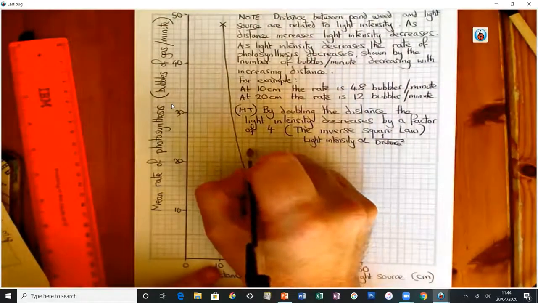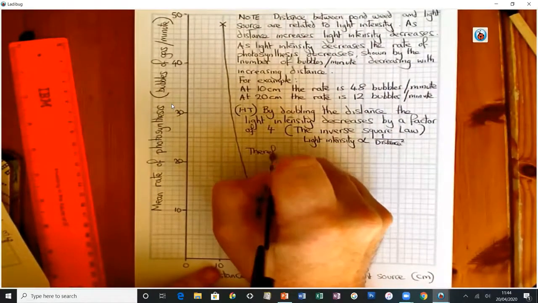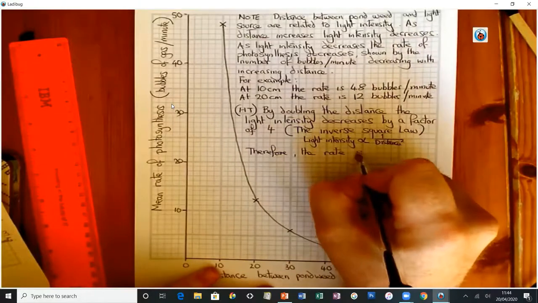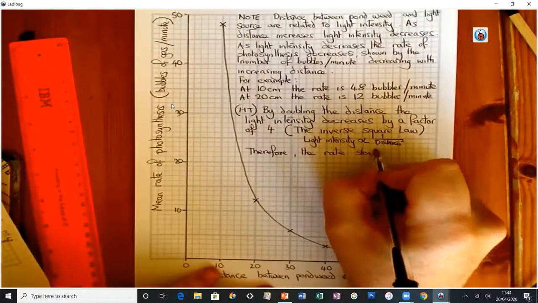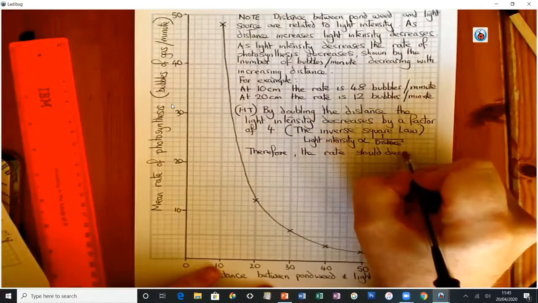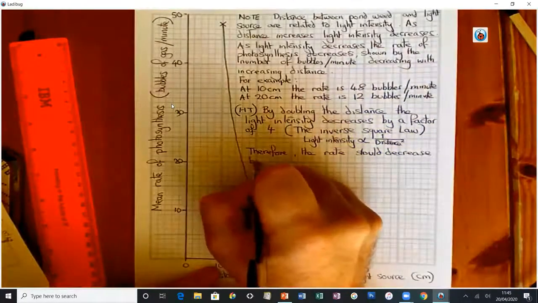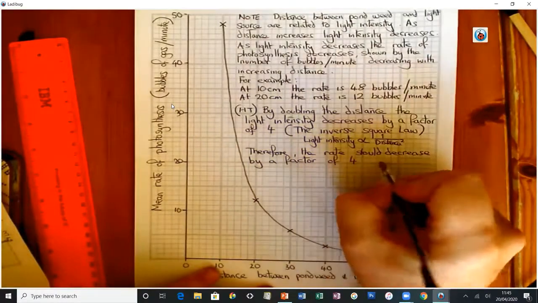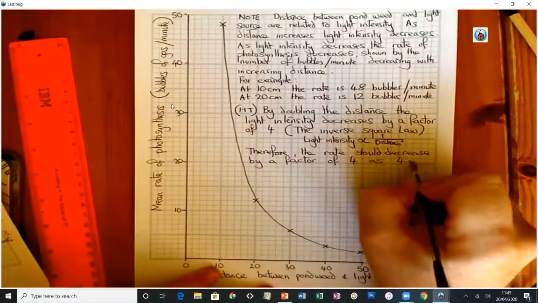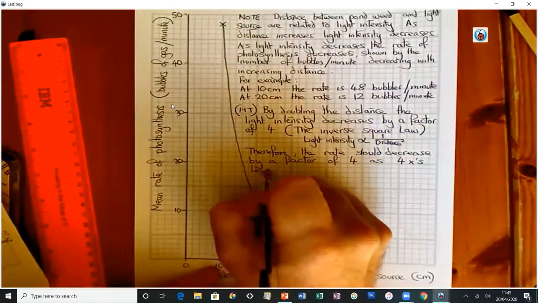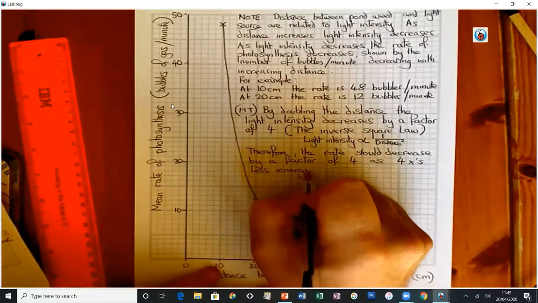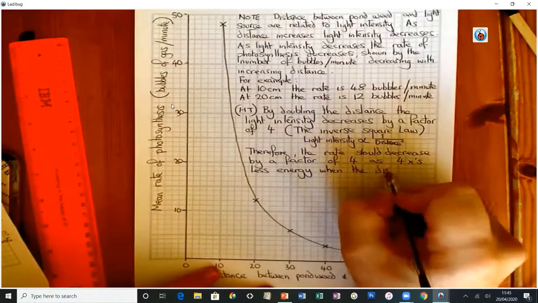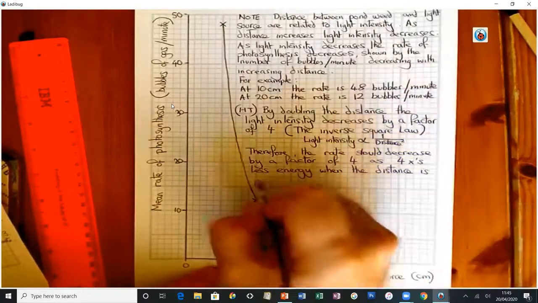So we can say, therefore, the rate should decrease by a factor of 4 as there is 4 times less energy when the distance is doubled.